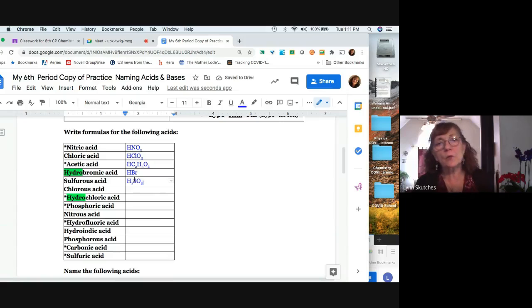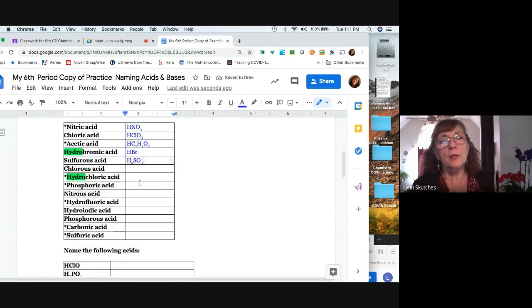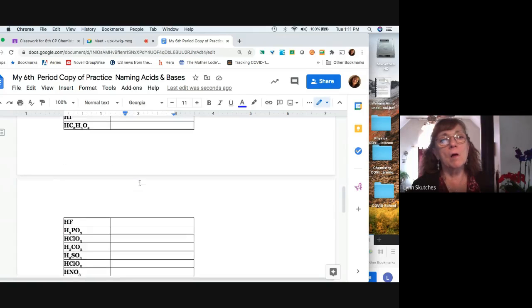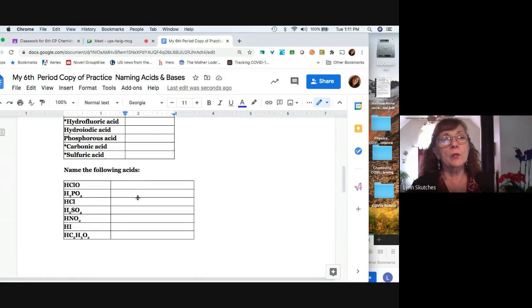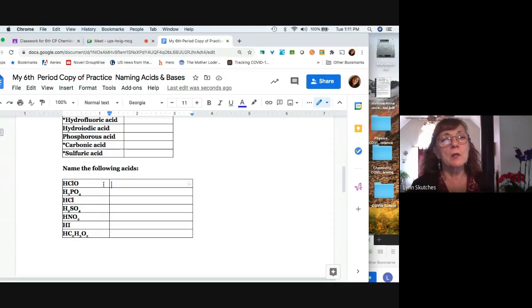Sulfurous is sulfite, SO3 with a 2- charge is sulfite. All of these have their components down here, so hopefully you can find them. So let's try this one. Chlorine with 1 oxygen. We're doing it in reverse now.